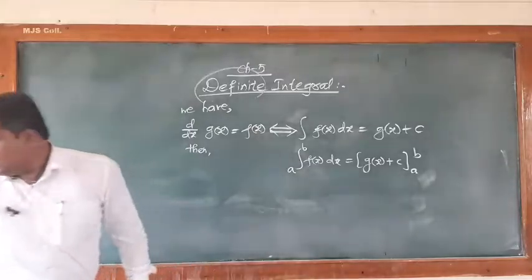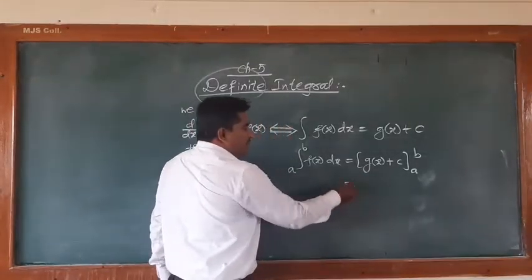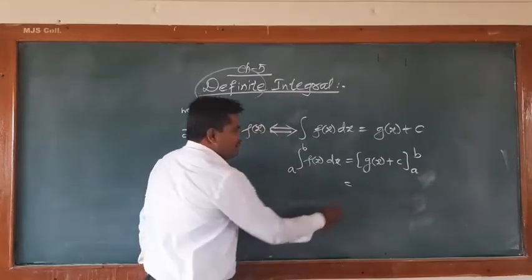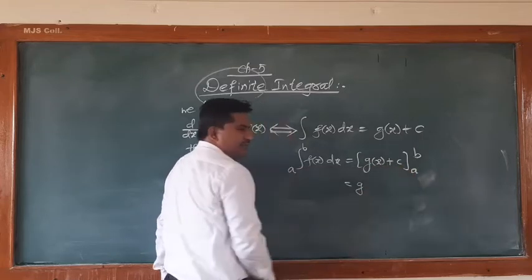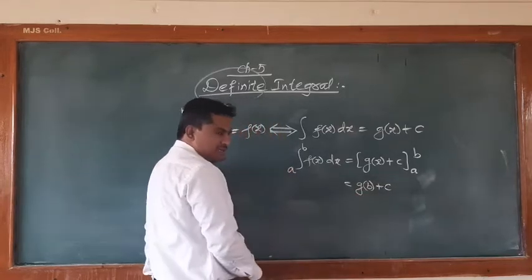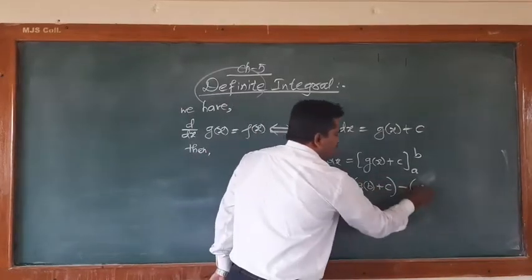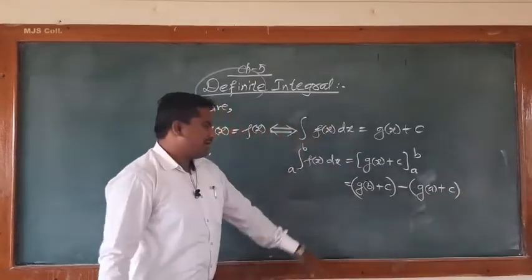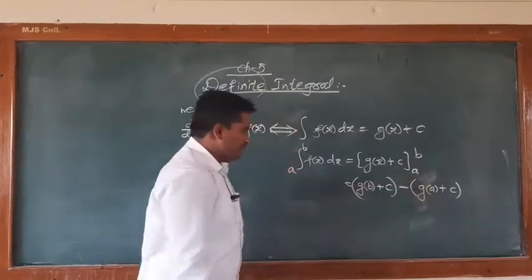Then the change is given by upper limit with respect to lower limit. Then x can be changed with b. That means g of b plus c minus g of a plus c. This c appears in both upper bound and lower bound.